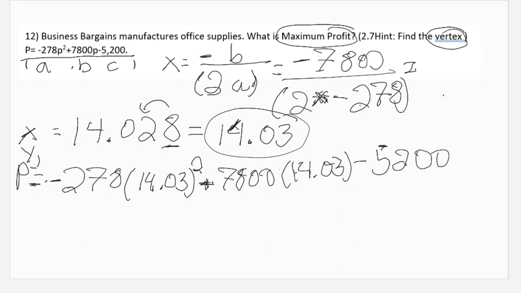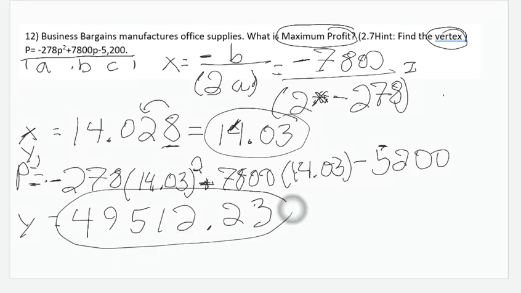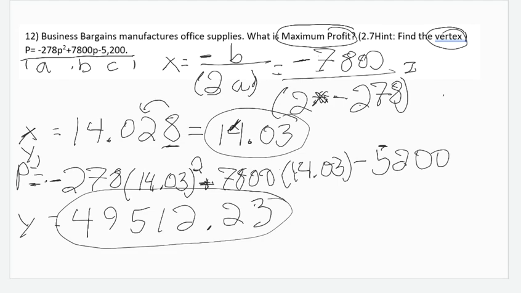Okay, so our y value is going to be $49,512, and I'm going to round it to 23 cents. So that's my y value, and that's my x value for the vertex. And we are all done. Thank you.